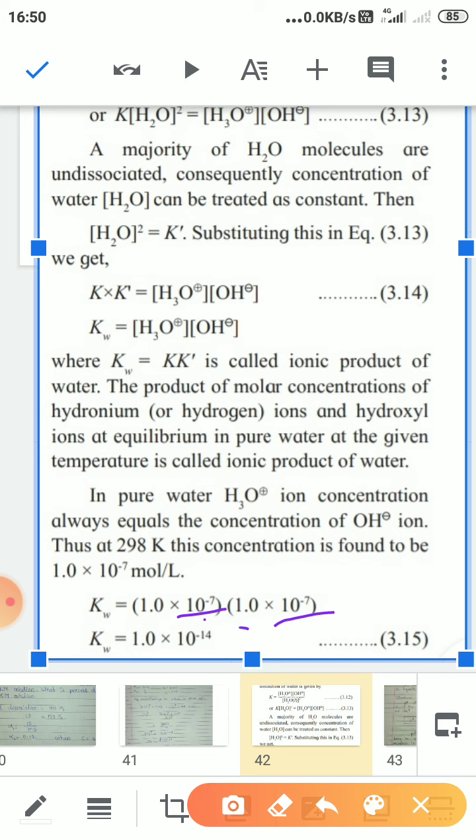Now therefore the ionic product of water Kw is always 1.0 into 10 to power minus 14.